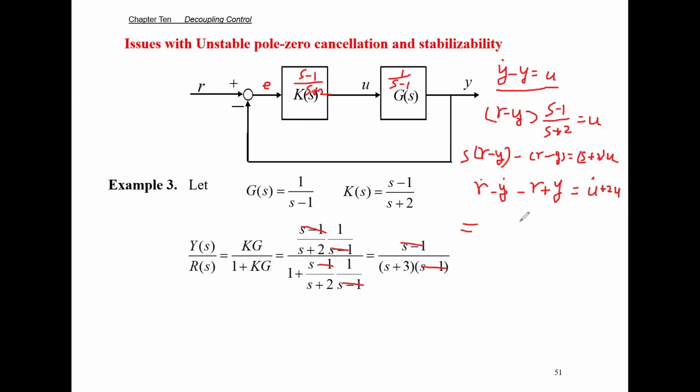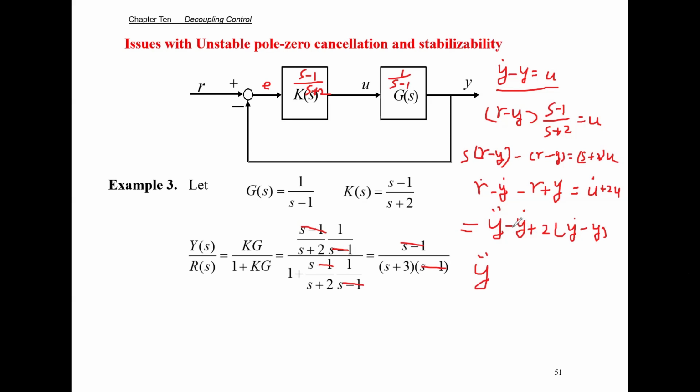So this U dot is Y double dot minus Y dot, plus 2 times Y dot minus Y. Let's put the output on one side. We have the Y double dot.